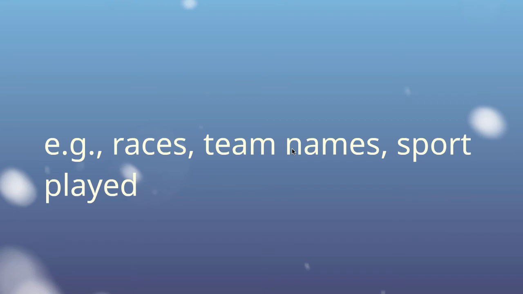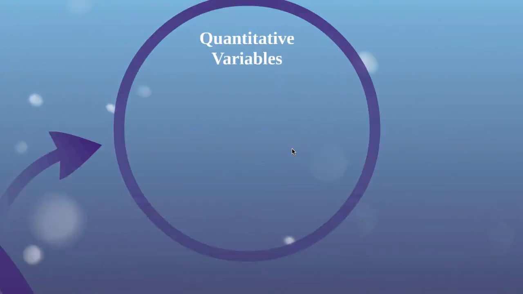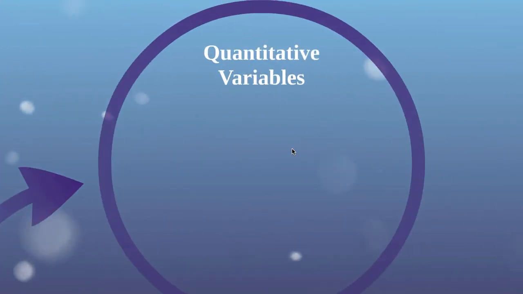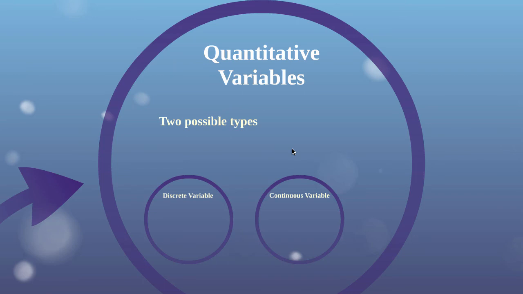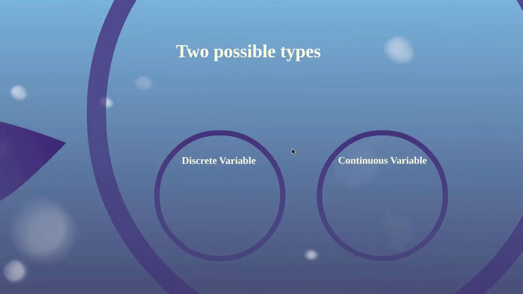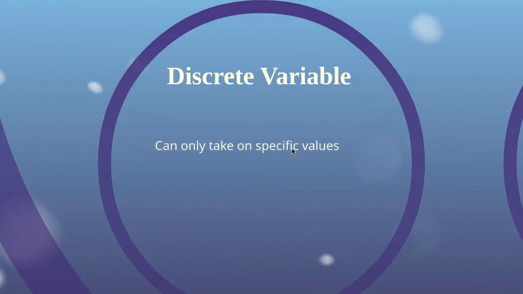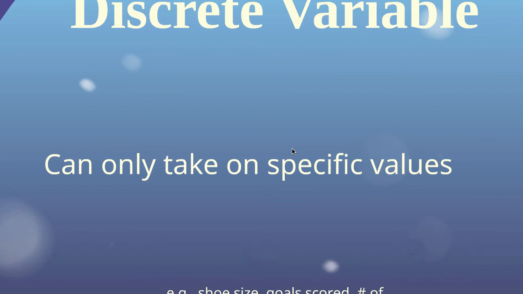Okay. And finally, if we are looking at quantitative variables, there are also two possible types of quantitative variables. Something can be discrete or continuous. So if we're looking at discrete variables, it is a variable whose answers can take on only specific values.